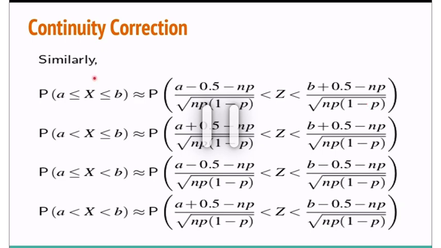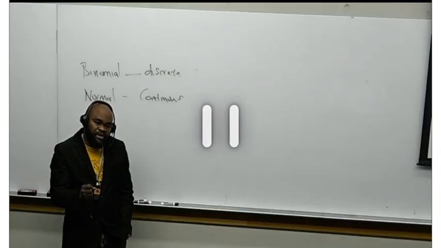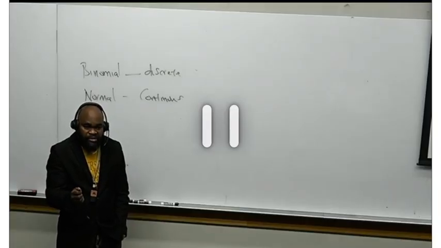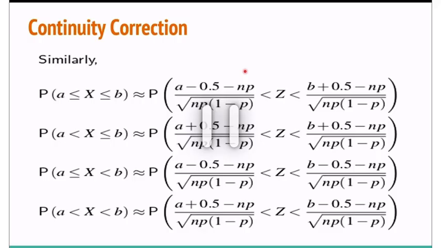Then I'm going to find the probability of a z lying between those values. Of course, from the binomial problem, you're going to be given the number of trials. You're going to be given P, the probability of success, as well.